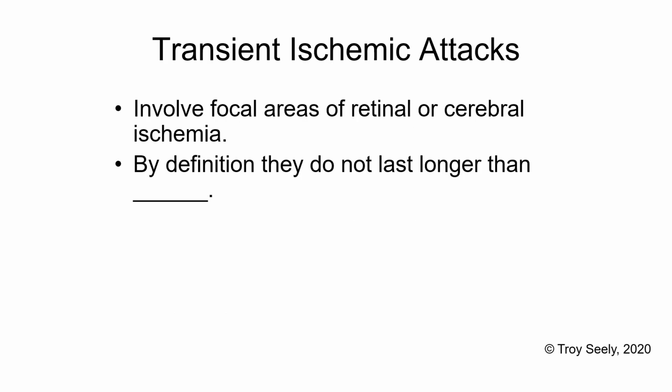So in the previous slide, we have an example of a transient ischemic attack. A transient ischemic attack, also known as a TIA, will involve a focal area of retinal or cerebral ischemia, which means it will involve the eye or the brain. By definition, they do not last longer than 24 hours.